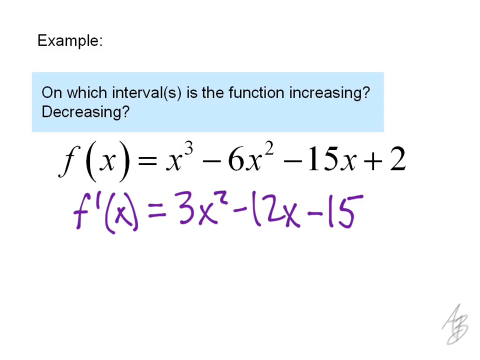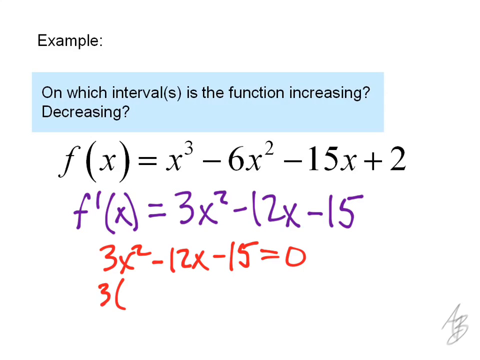And then how do we find critical points? Set that equal to 0. So we'll say 3x squared minus 12x minus 15 equals 0. And how do we solve that? Okay, factor out the 3.